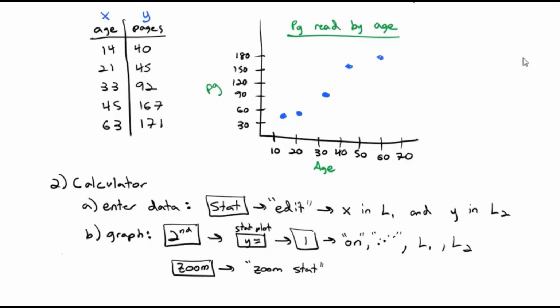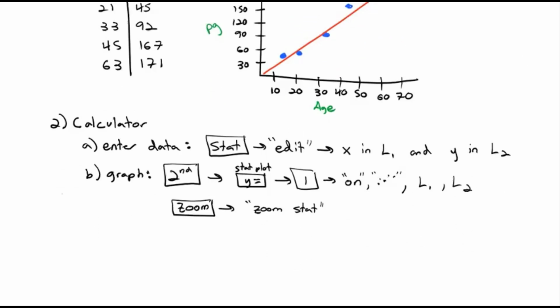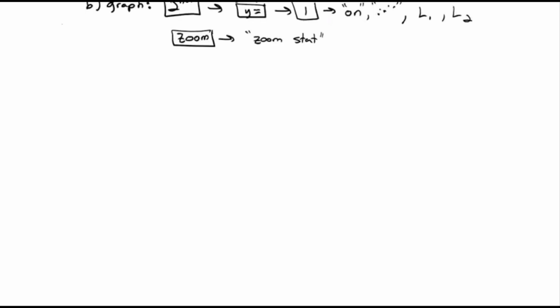But sometimes we're interested in more than just the dots. What we might be interested in is, can we draw a line that kind of models through the center of the data, a best fit close to the dots? That is what we call our regression equation.